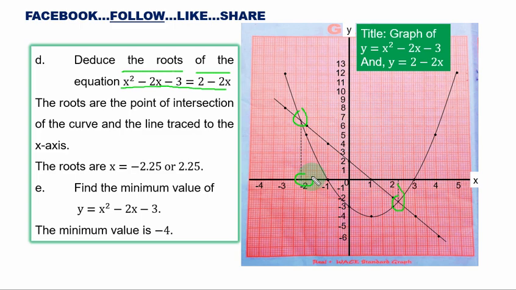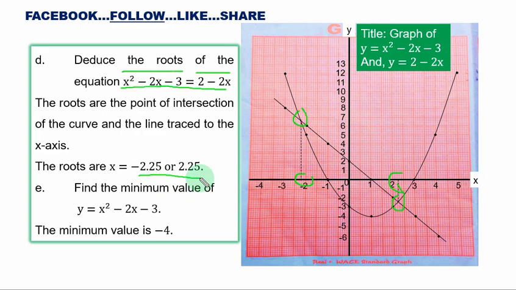You know, on the s-axis, we said that one line is 0.1 unit. If you trace this point up, it's also in between 2.2 and 2.3. The middle becomes 2.25. These are the roots of the curve and the line.